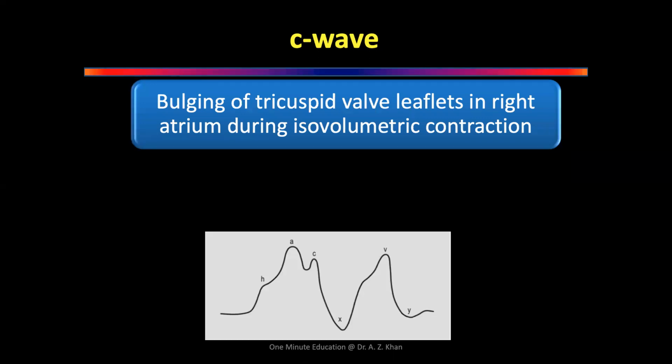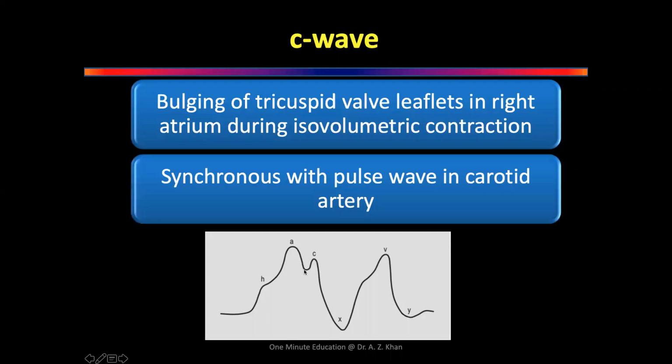And when it bulges, it causes a peak because of the sudden bulge backwards of the tricuspid valve. That is the explanation for the C wave. And it is synchronous with the pulse wave in the carotid artery. So you put one hand on the carotid artery and look at the JVP tracing. When the pulse wave in the carotid artery happens because the ventricle is contracting, because of the back pressure there is a sudden bulge in the jugular venous pressure.